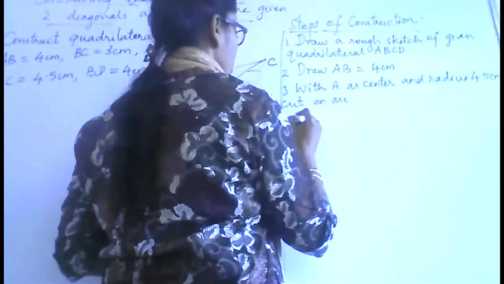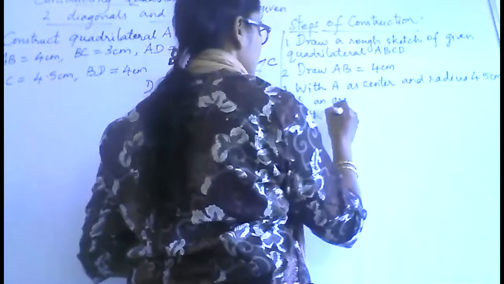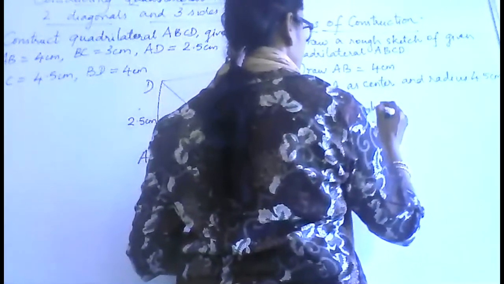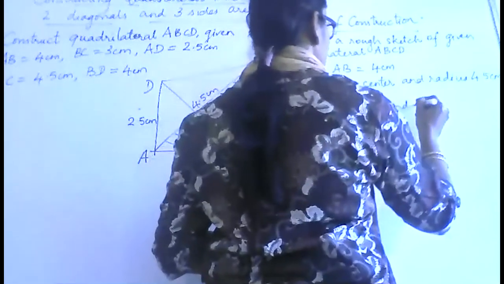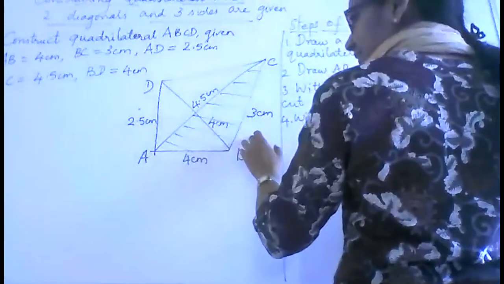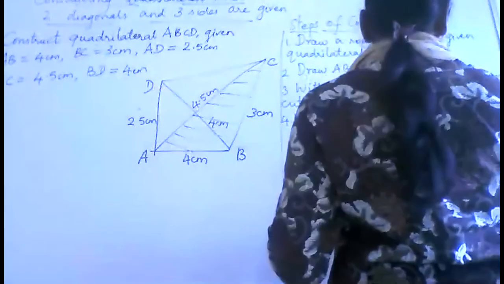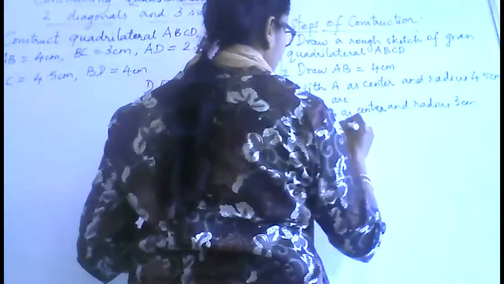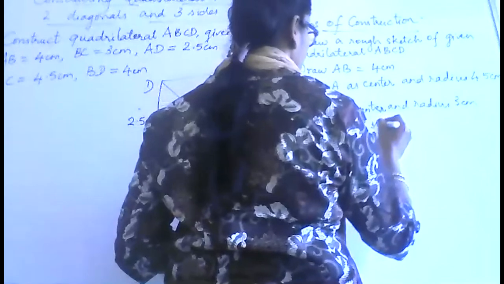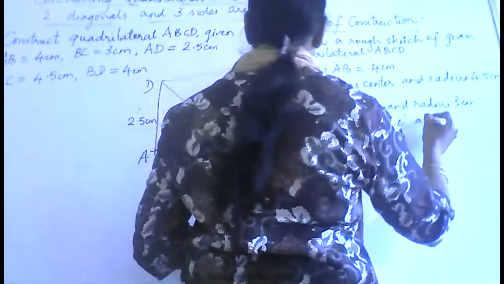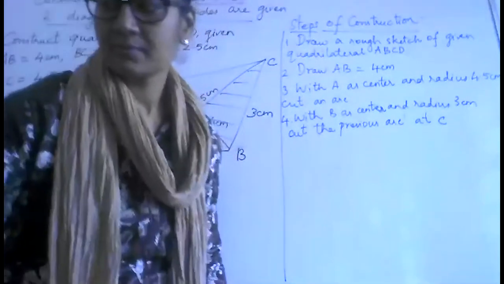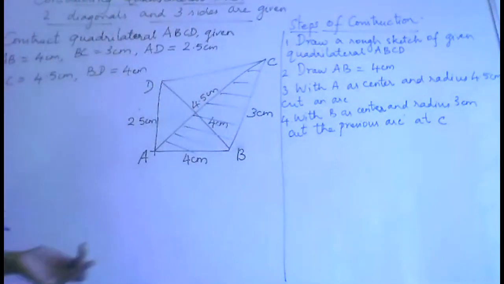Then the fourth step, with B as center and radius 3 centimeters, cut the previous arc at C. Okay, so you have cut the previous arc at C.